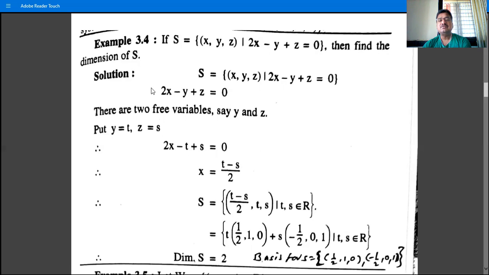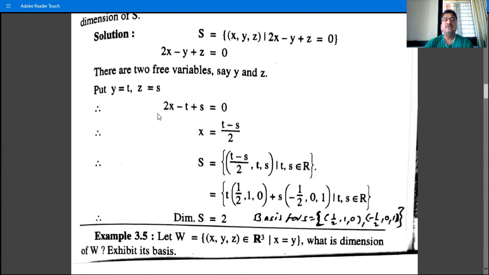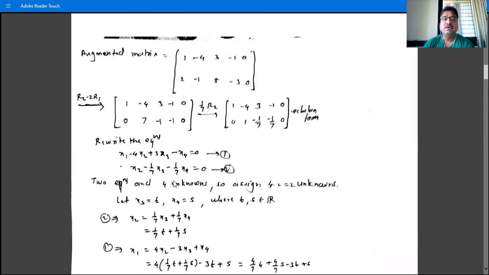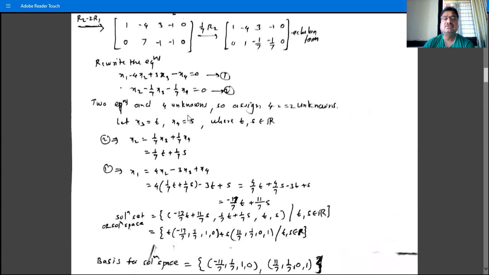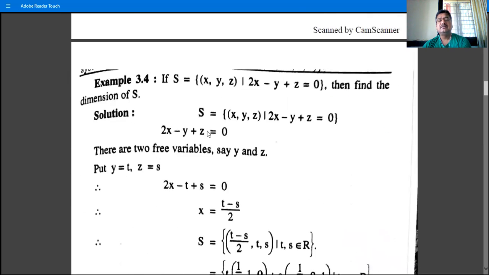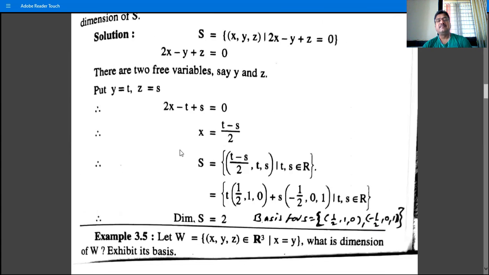There is only one equation and there are three unknowns, so we assign two unknowns. Like before, there were two equations and 4 unknowns, so we assigned 2 unknowns. Here, one equation and 3 unknowns, so the difference is 3 minus 1 is equal to 2. So we assign 2 unknowns.